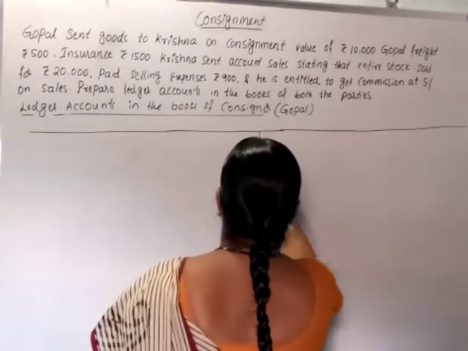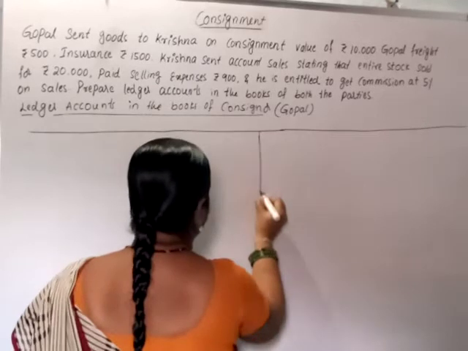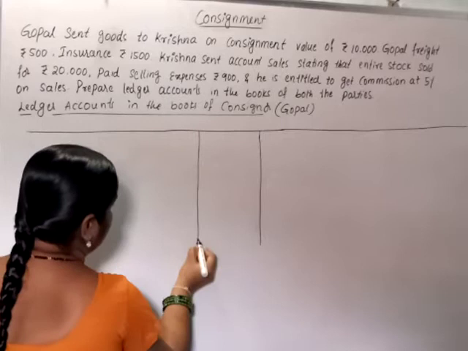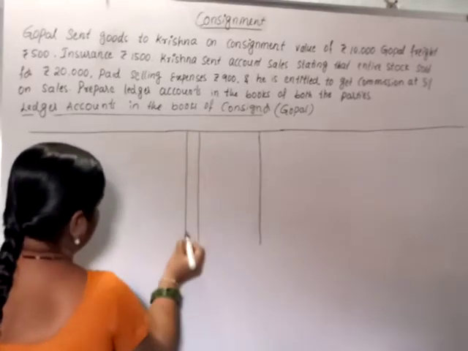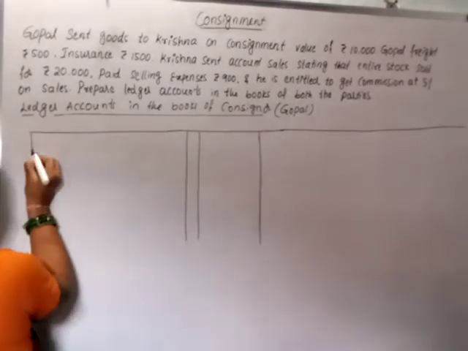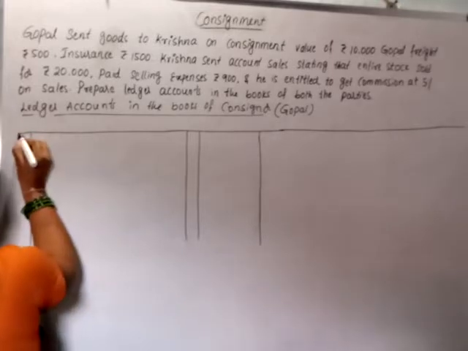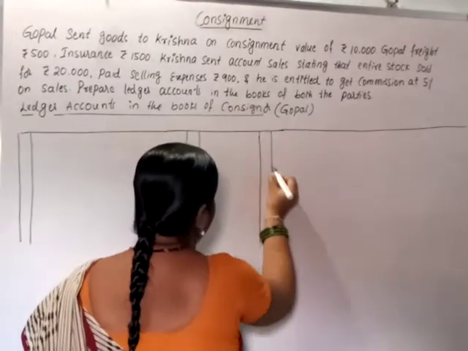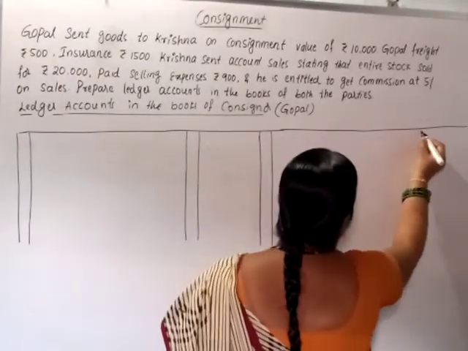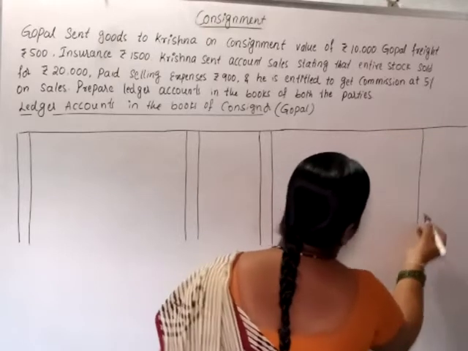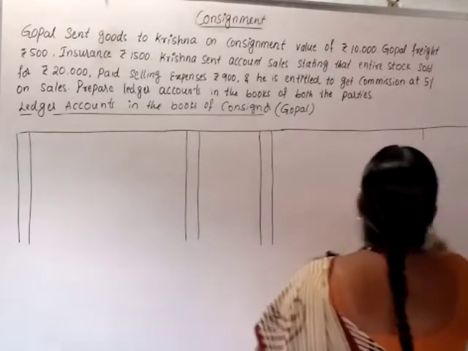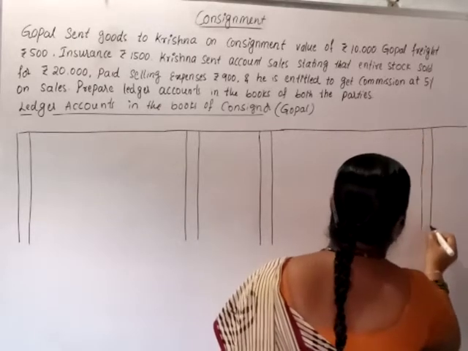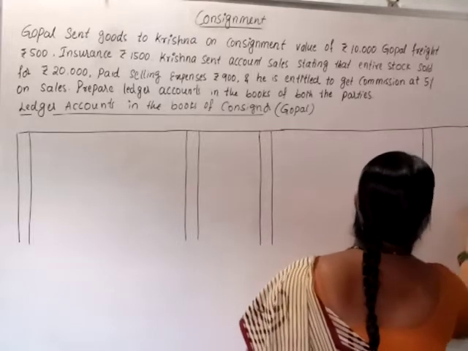Same columns are repeated here. Credit side: date column, particulars column, JF column, and the last one is the amount column.